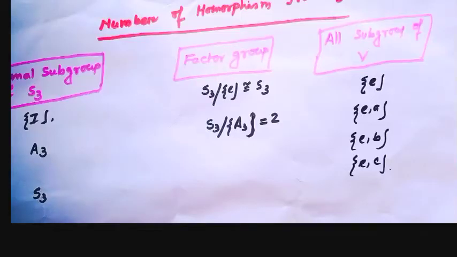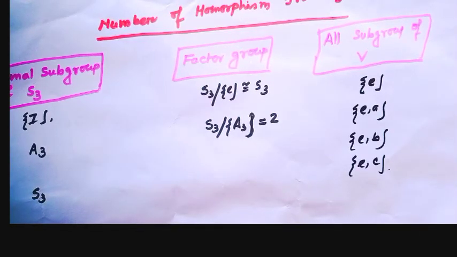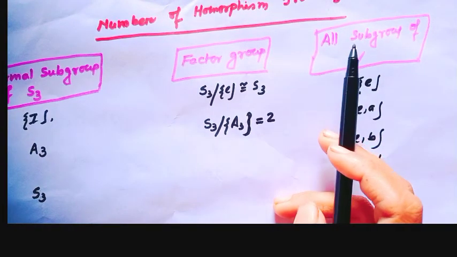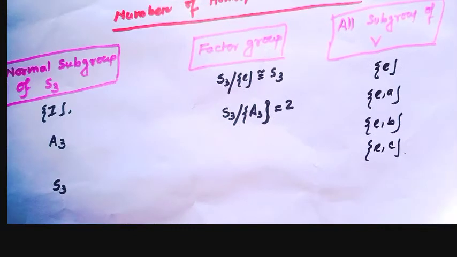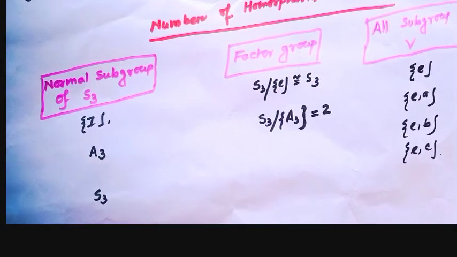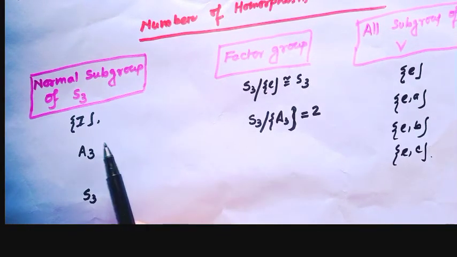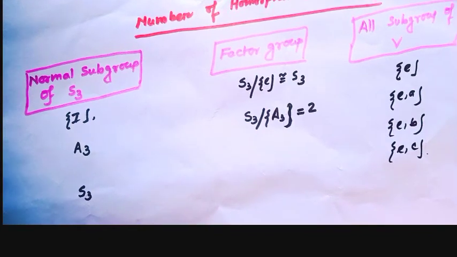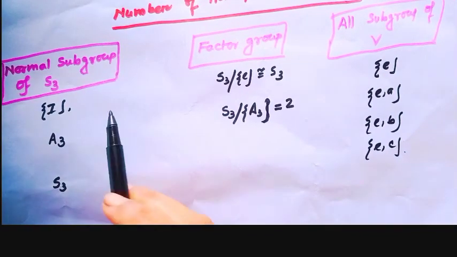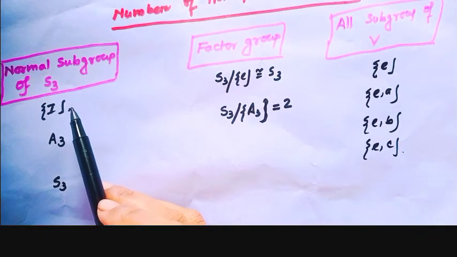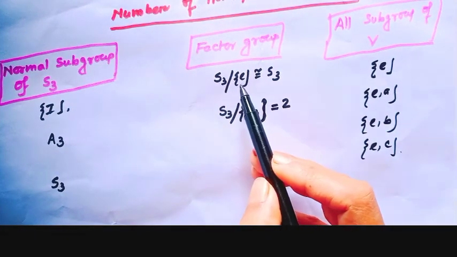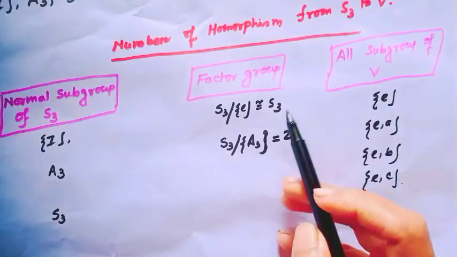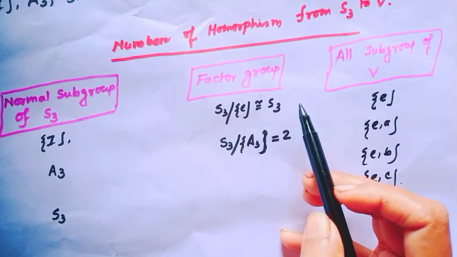Okay? Now let's see another similar type of problem. Number of homomorphisms from S3 to the Klein four-group. We all know the normal subgroups of S3 are identity, A3 and S3. Okay? When I choose identity, then the factor group would be S3 modulo identity, which is isomorphic to S3.